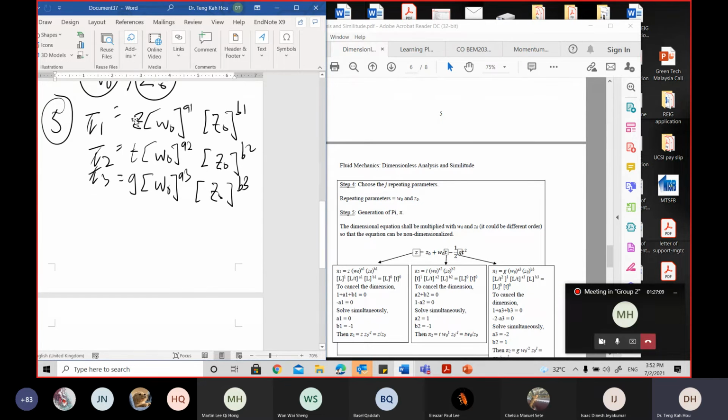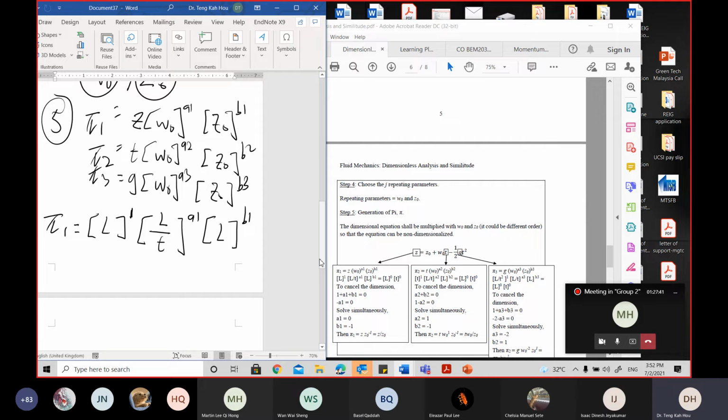Once you get all these equations, of course, you need to write all the equations into your primary equation now. You know that my Z is L power 1, and you have a WO, which is L over T to the A1, and also your ZO is L^B1.